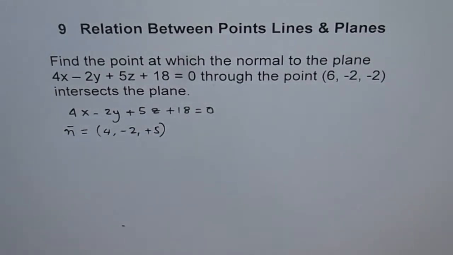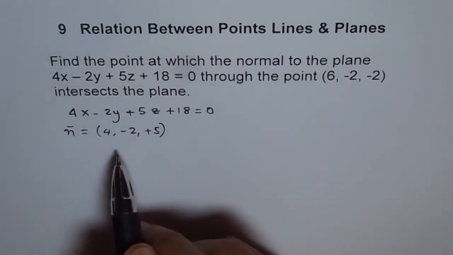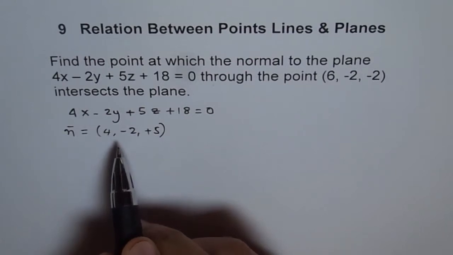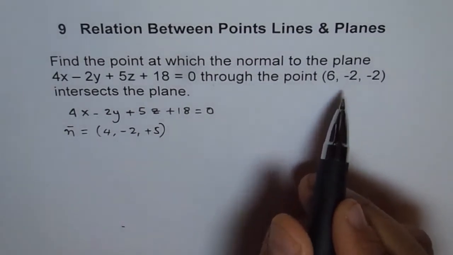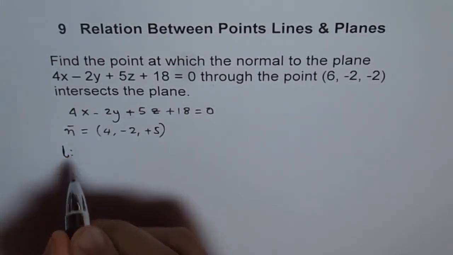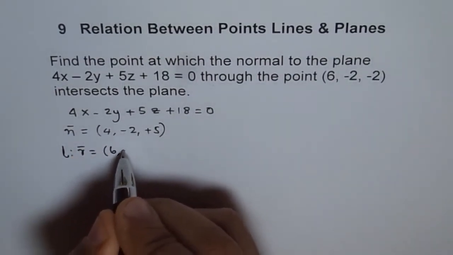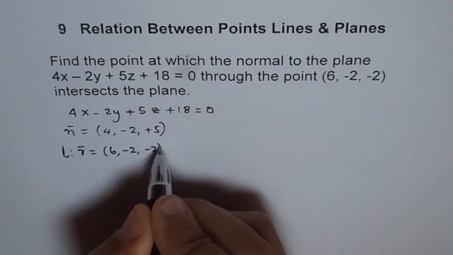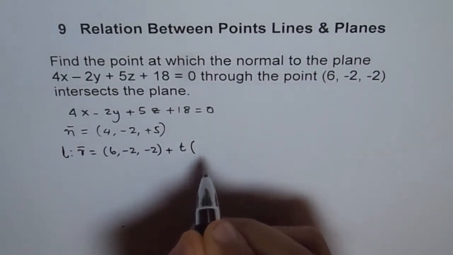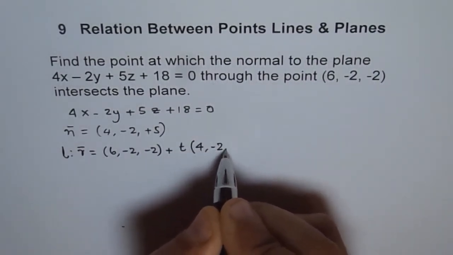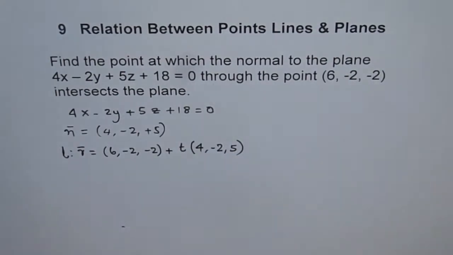That's the direction. The equation of a line which has this as its direction and passes through that point: r equals (6, -2, -2) plus t times (4, -2, 5). Is that okay? So that is the normal.